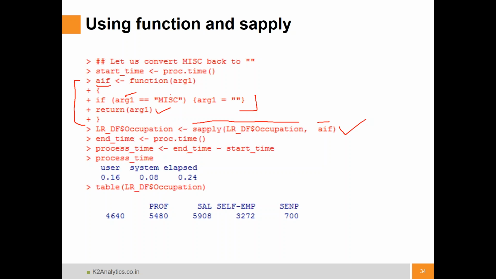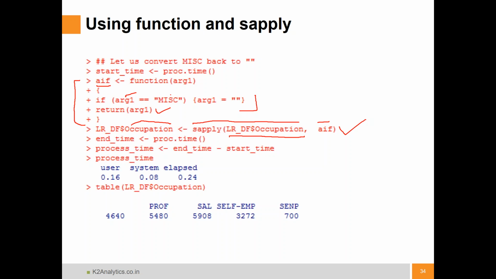What is each column of a data frame? A vector. So what will be the size of this vector? The size of this vector will be equal to the number of rows of the occupation column, that is 20,000. I'm now taking this vector of 20,000 and putting the values here in the occupation column, so the occupation column values will get changed.